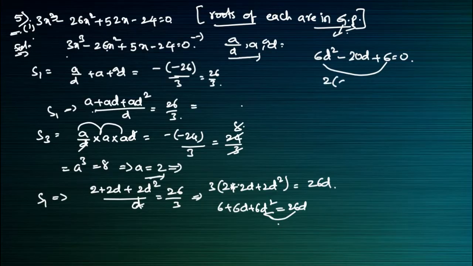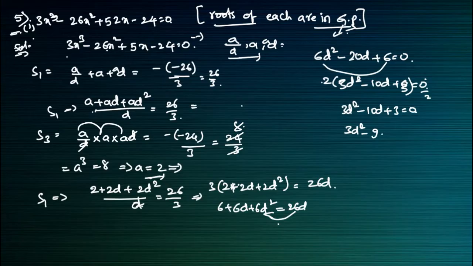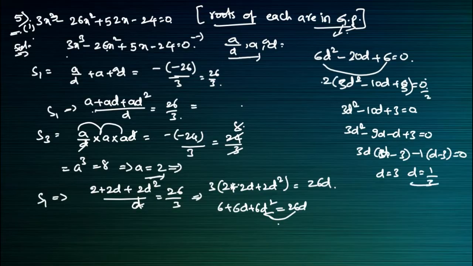Now 2 common, so it will become 3d square minus 10d plus 3 is equal to 0, and the 2 goes by 2. So 3d square minus 10d plus 3 is equal to 0. So 3 3s are 9, so 3d square minus 9d minus d plus 3 is equal to 0. 3d will come, so it will become 3d into d minus 3, minus 1 into d minus 3 is equal to 0. So here d is equal to 3 and another d is equal to 1 by 3. So these two factors will come here.